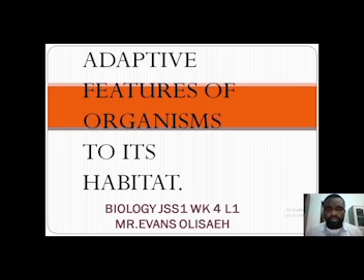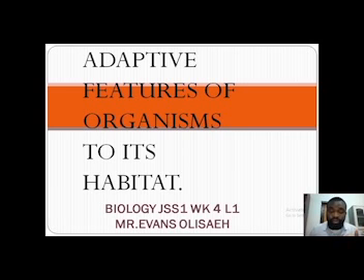And today we are now going to look at adaptive features of organisms to their habitat. Of course, you know habitat means the environment where organisms live. So we are looking at adaptive features of organisms. What are those things that make an organism? Remember, we talked about types of adaptation.